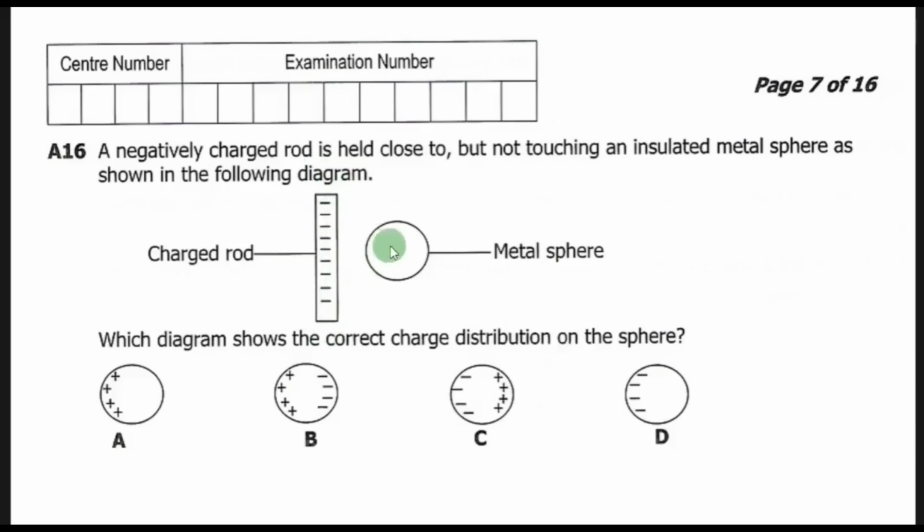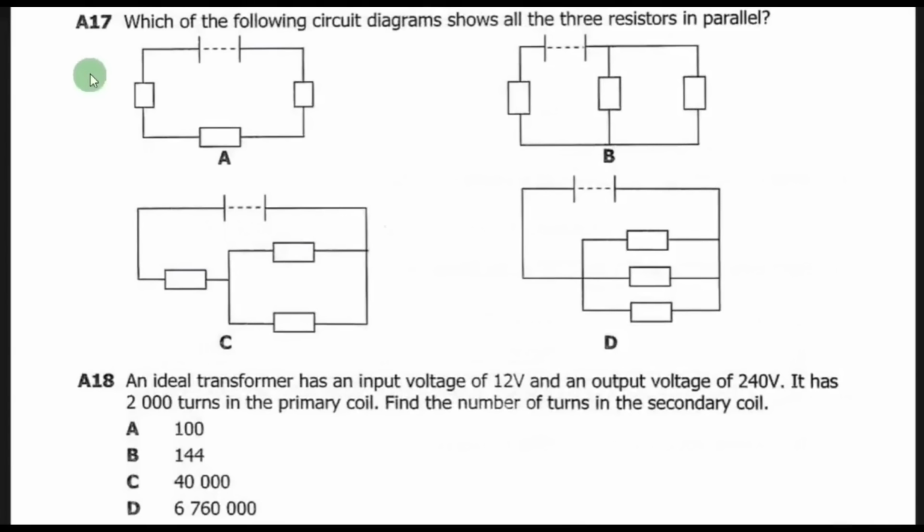They will be repelled to the opposite end of the sphere, and the positive ones will remain here. So this side will obtain an overall positive charge, and this side an overall negative charge. This is the correct charge distribution.